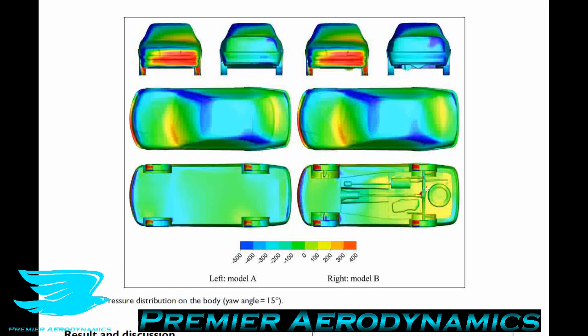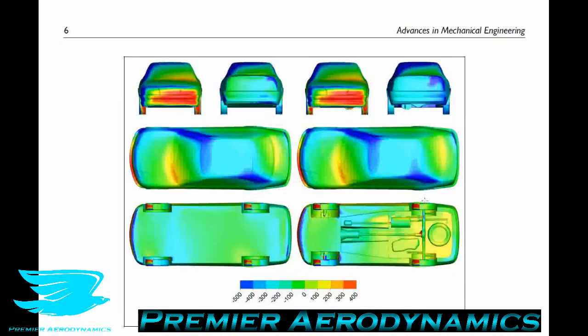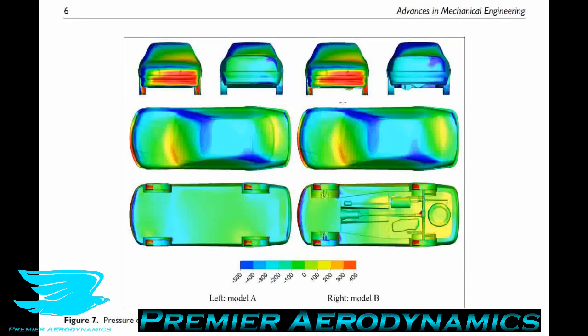So we have so much more pressure underneath on Model B than Model A. And because lift is just the difference between pressures on a surface, which pretty much is all forces, but lift in this particular direction is up, we get a much greater lift coefficient, and that's why we get this increased lift coefficient for Model B. On the roof, on the top of the car, the pressure distribution is quite similar for both models.